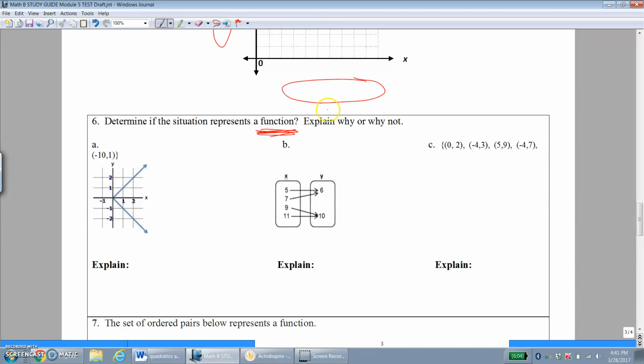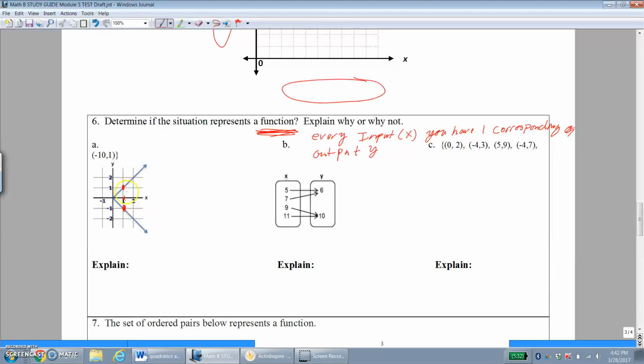So remember, the definition of a function, it's for every input, which is x values, you have one output, corresponding output, which is your y's. So looking at this is your x-axis. If you plugged in 1, you would get 2 answers, +1 and -1.